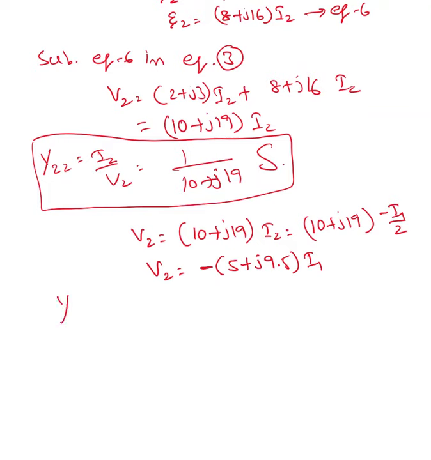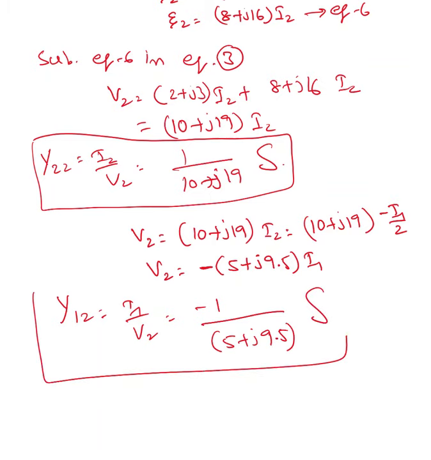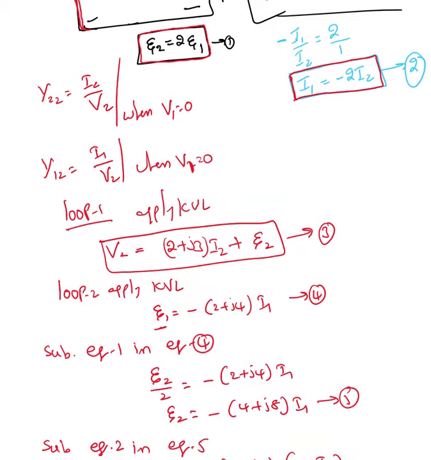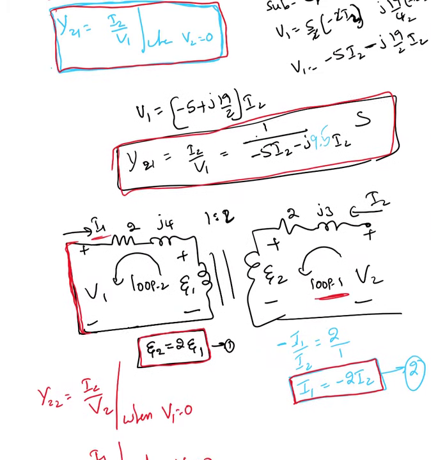So Y12 equal to I1 over V2, which is minus 1 over 5 plus J9.5 siemens. This is Y12. Now is Y12 the same as Y21? If you look at Y21, I believe it's the same thing.